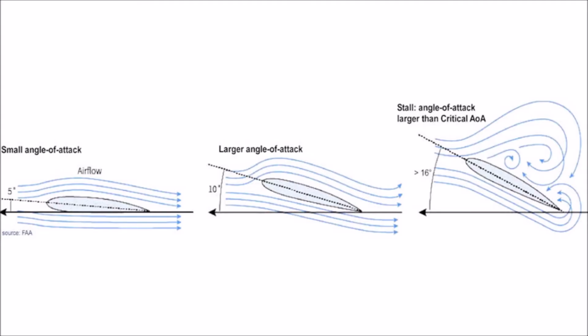Stalls do not occur only at slow airspeeds, but at any speed when the wings exceed their critical angle of attack. Attempting to increase the angle of attack by moving the control column back normally causes the aircraft to climb. However, aircraft often experience higher g-forces, such as when turning very steeply or pulling out of a dive.